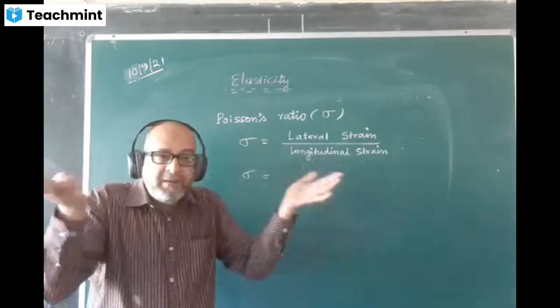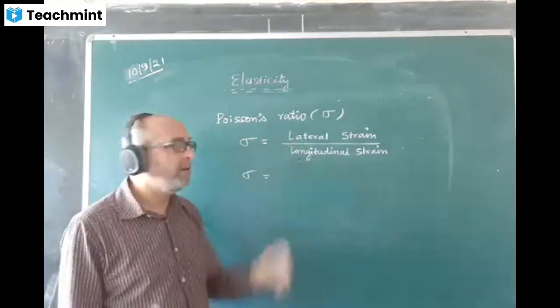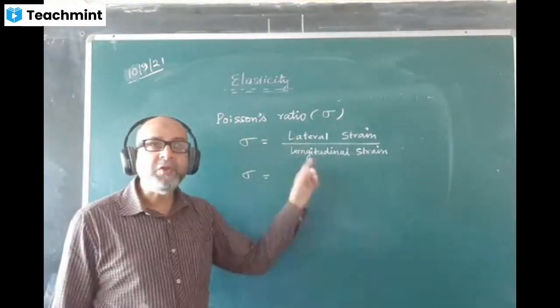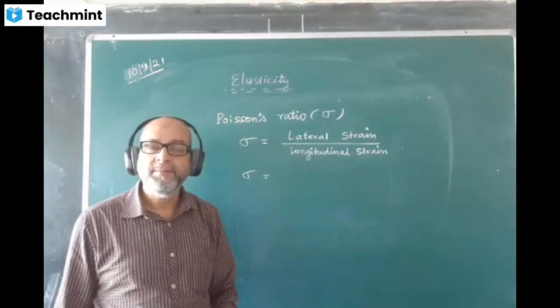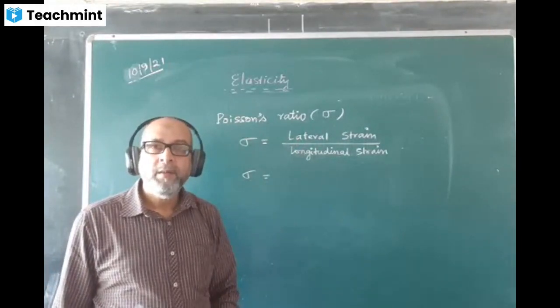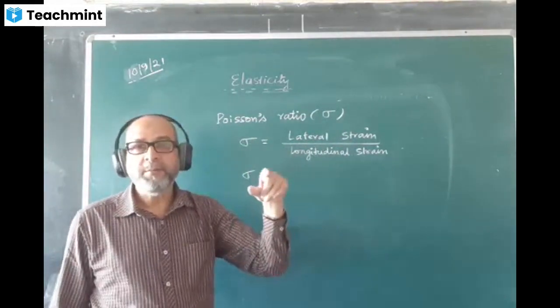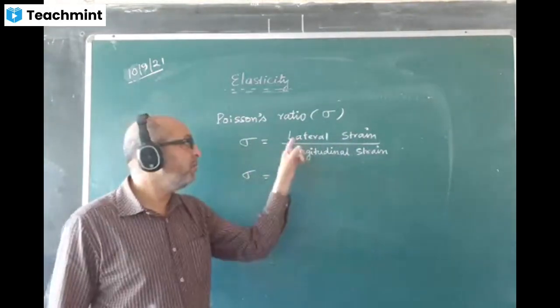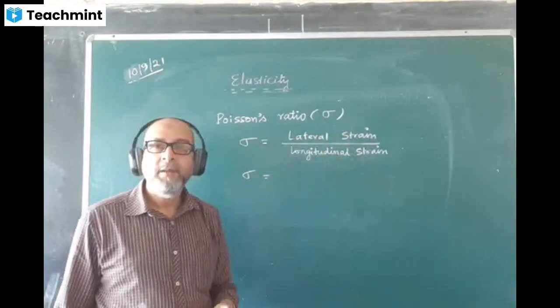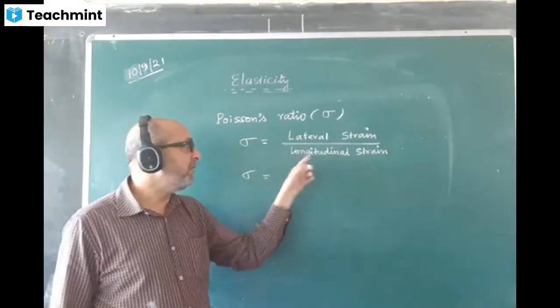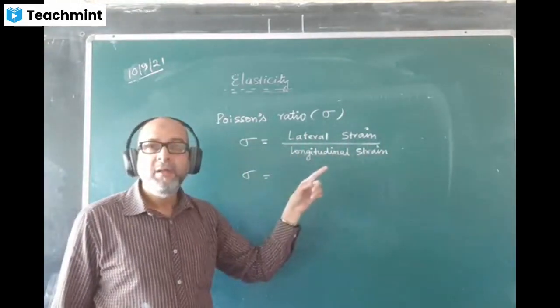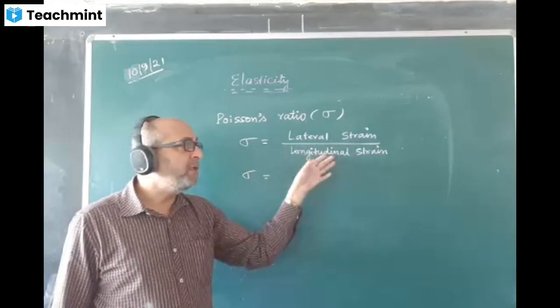Diameter is side-wise change, that is called lateral. And longitudinal is related to only length. So change in diameter per original diameter is called lateral strain. And change in length per original length is longitudinal strain.